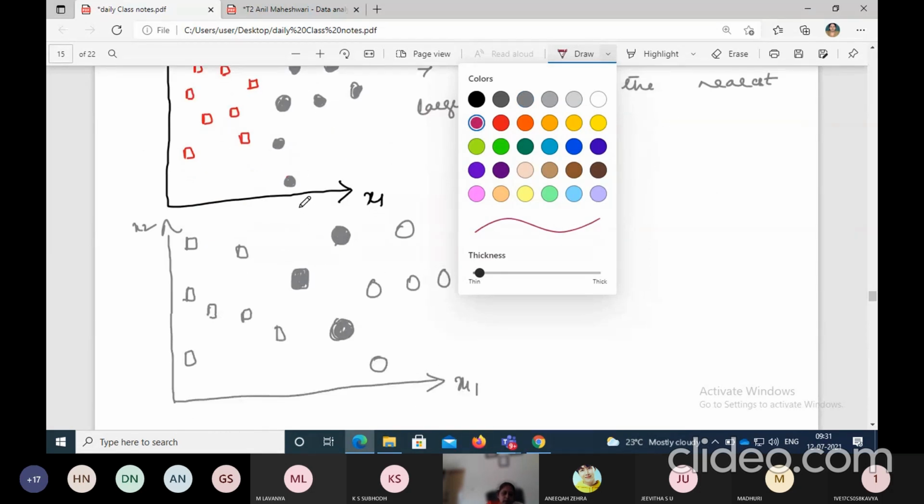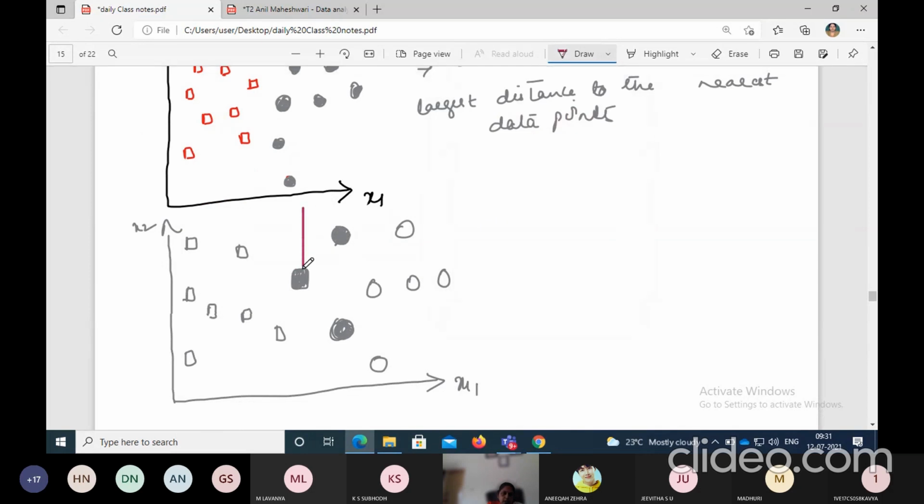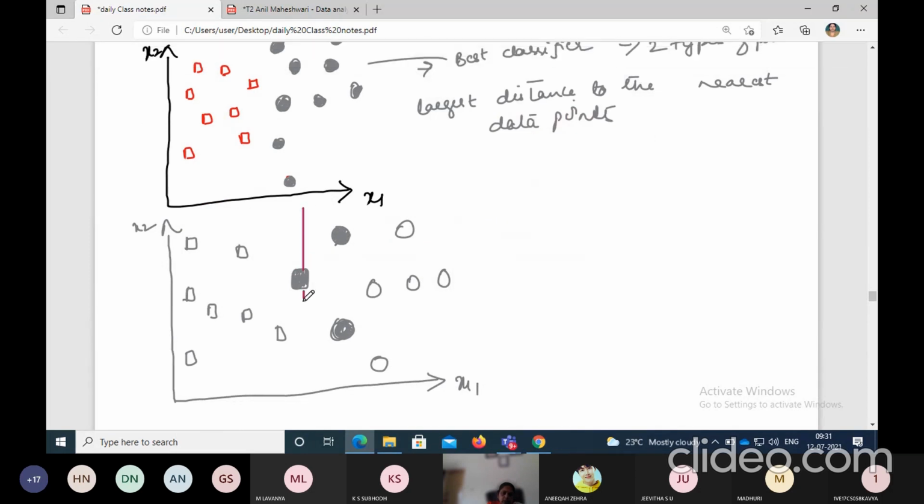Let me have one hyperplane here because of the margin and the larger distance. One I have drawn, and another one is the hyperplane. I'm not drawing it very straight, but it should be straight because I'm trying to draw the optimal hyperplane.